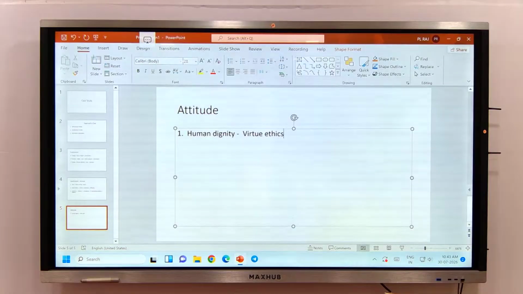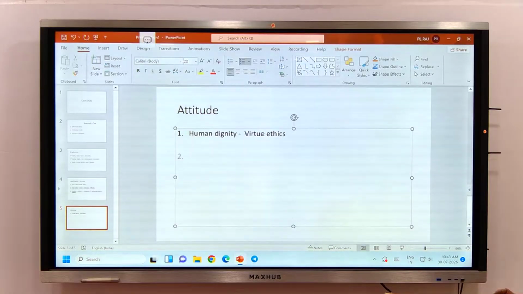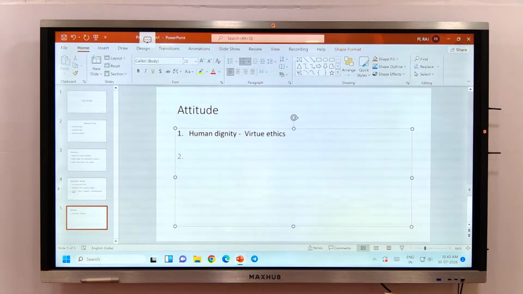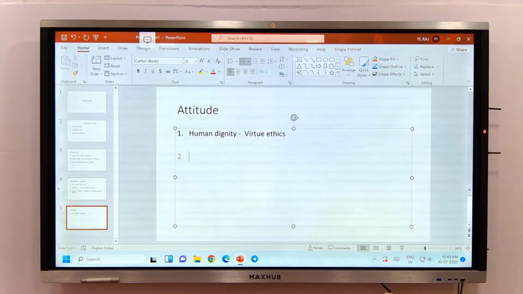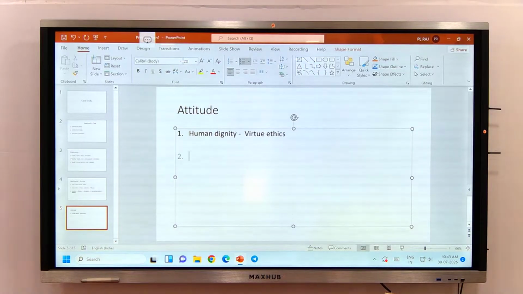The case has to be judged in the lines of certain virtues of humanity, the virtues of compassion and others.